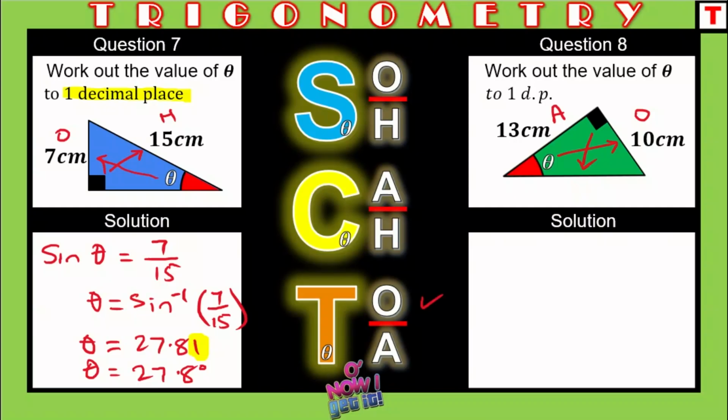I can see here that TOA has O and A. So I will write down tan of the angle, and the angle is theta, equal to this fraction, O divided by A. So O is going to be replaced with 10, and A is going to be replaced with 13. So for me to find the value of theta, theta would be equal to tan inverse of the same fraction.